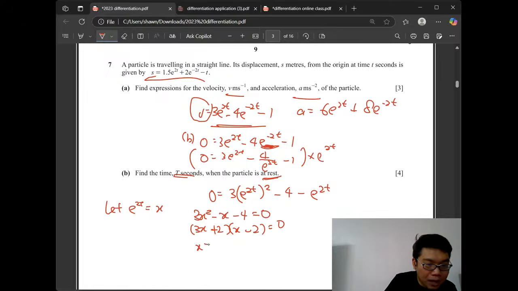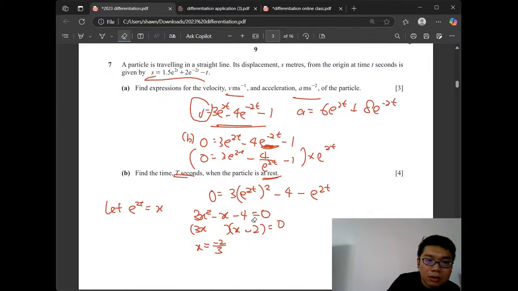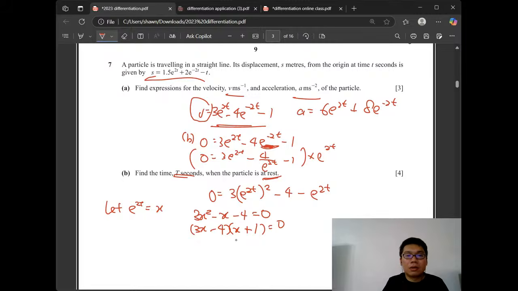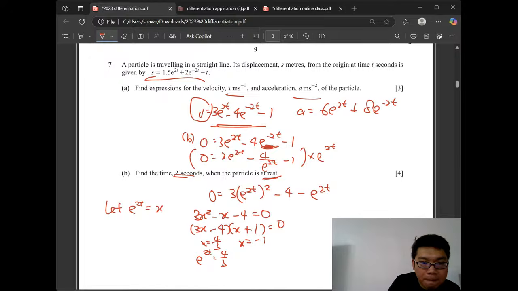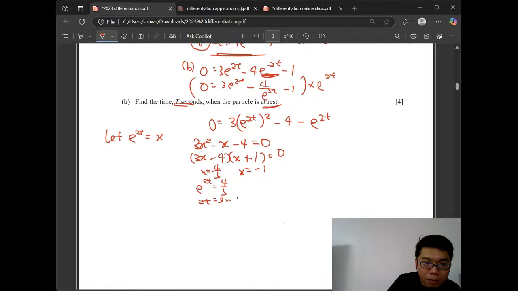Okay, so x is 4 over 3 or x is minus 1. Then we substitute back e^2t. 2t equals to ln 4 over 3.